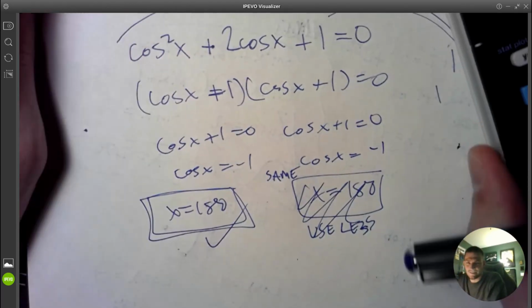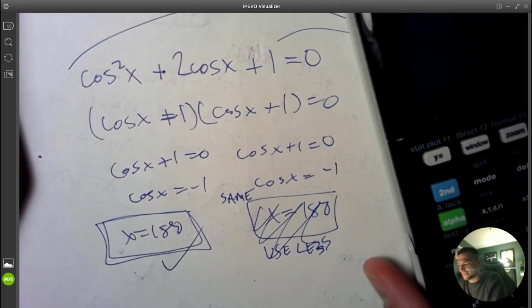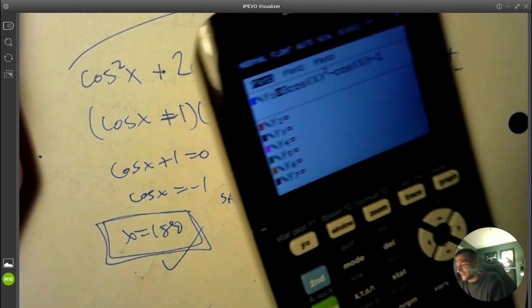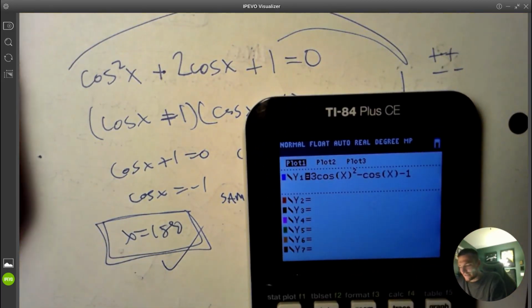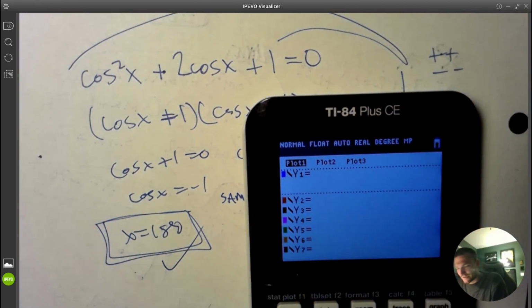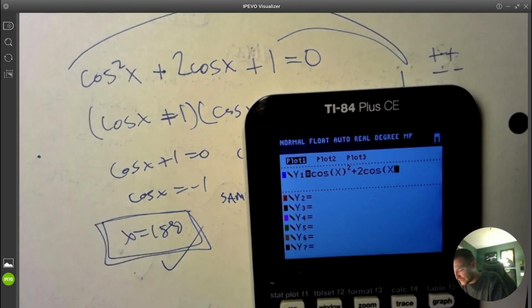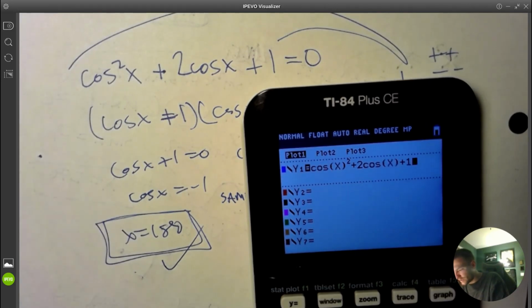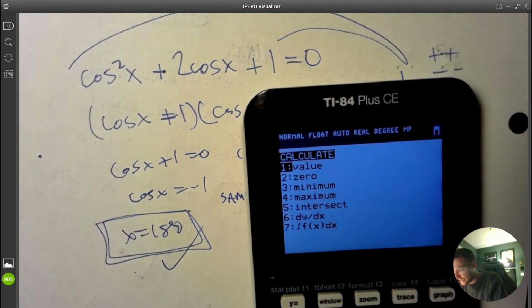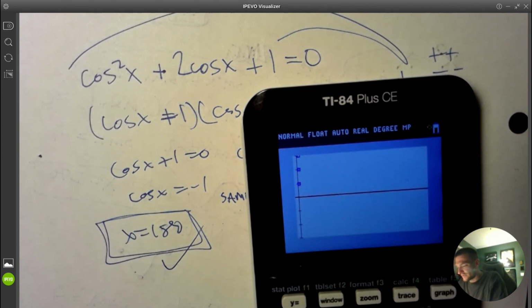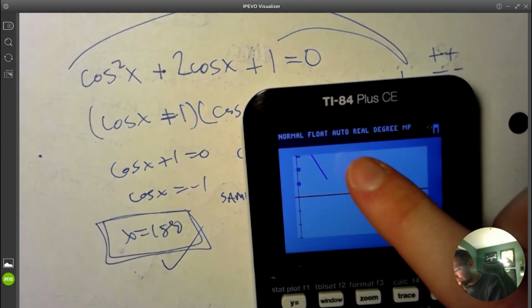Now, honestly, I'm kind of annoyed with myself that I'm even still talking, but can we use the calculator to solve this one even though it's pretty easy? Cosine x, close it, squared, plus 2 cosine x, close it, plus 1, second, trace, 0. Here it comes.